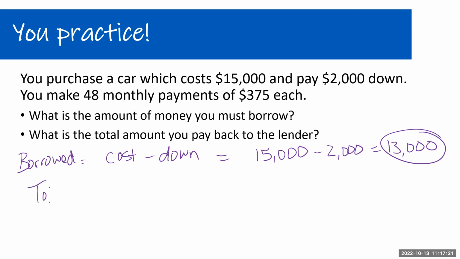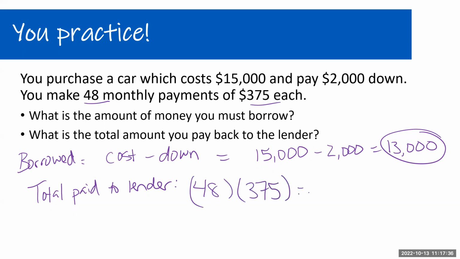The total amount that you pay back to the lender, not including your down payment, just the amount paid to your lender, is that 48 monthly payments of $375. So you have 48 payments times $375. And if we plug that into our calculator, we'll see that we're going to pay to our lender $18,000. Okay. So $18,000 is how much we're going to pay to the lender.